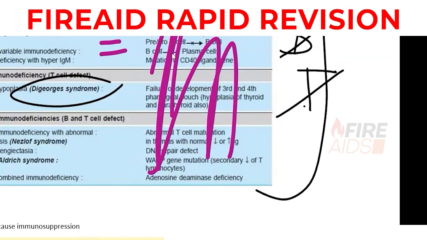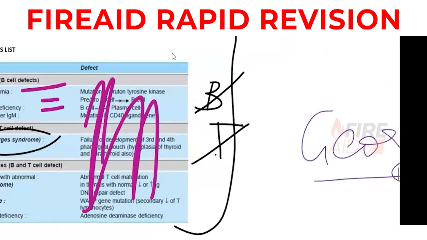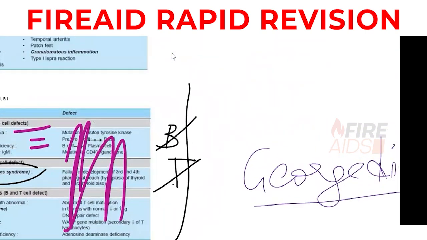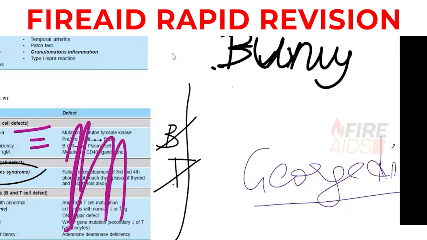I think I can give a mnemonic for this also. I just thought of one, maybe it may be helpful. This is for B cell defect. In local terms, you can use the word bunyan, the bunions that we use.